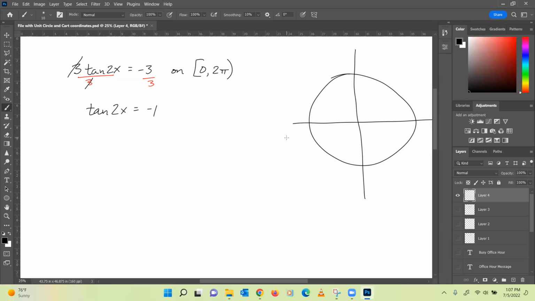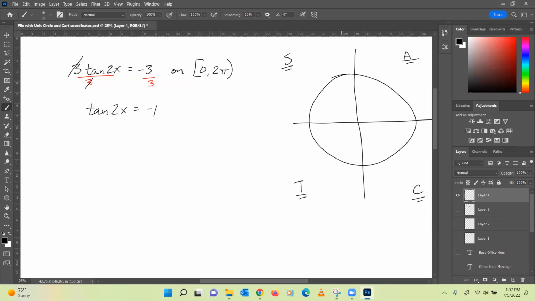All right, so where is the tangent equal to -1? All students throw chalk, meaning all functions are positive in the first quadrant, sine is positive in the second, tangent is positive in the third, cosine's positive in the fourth.